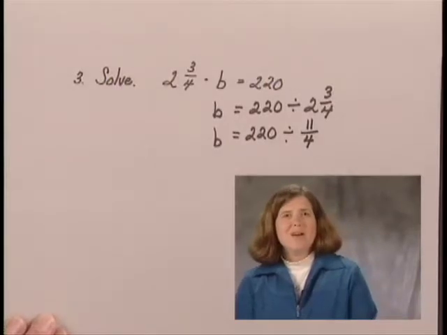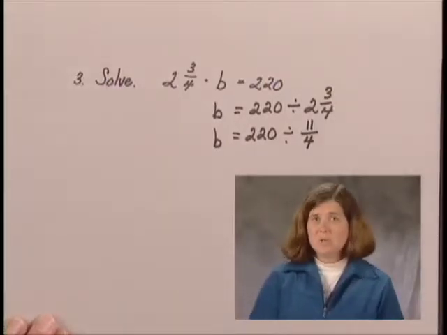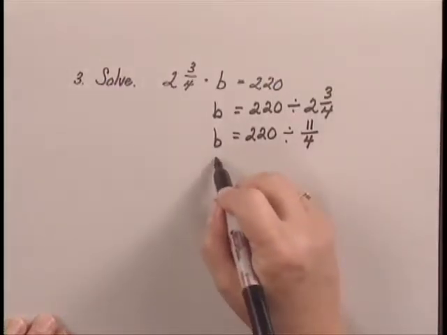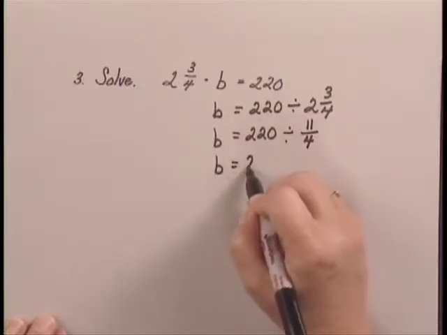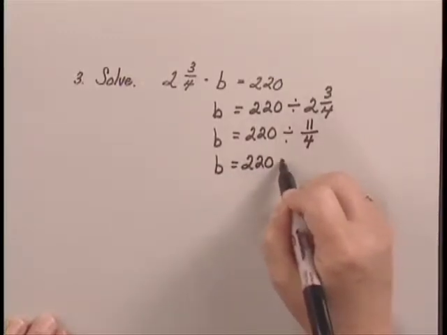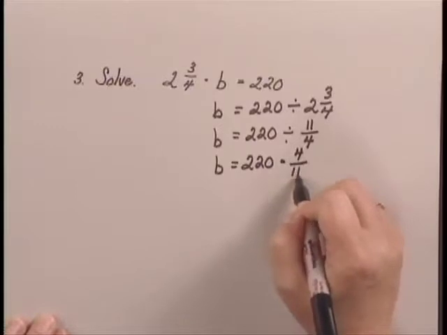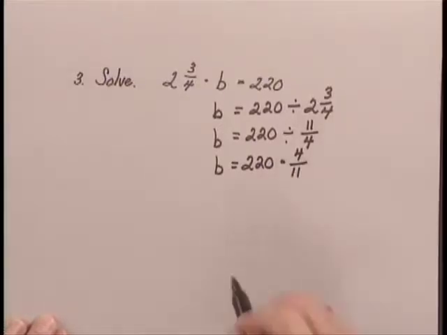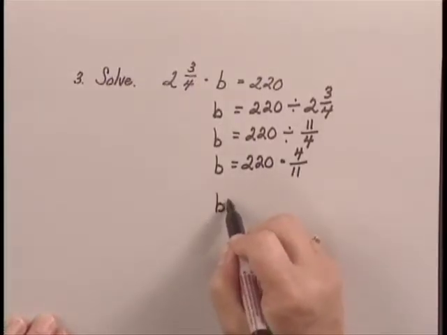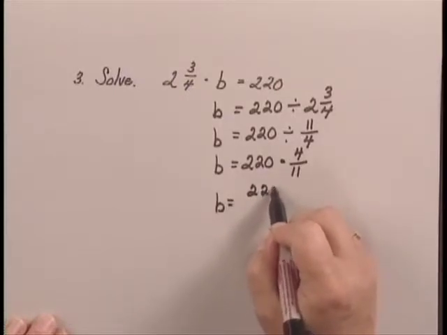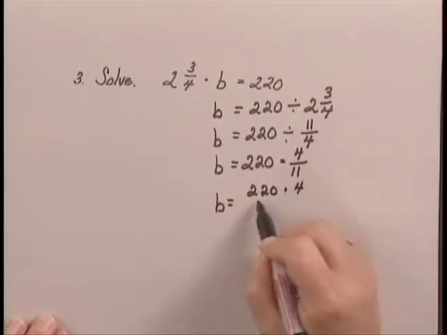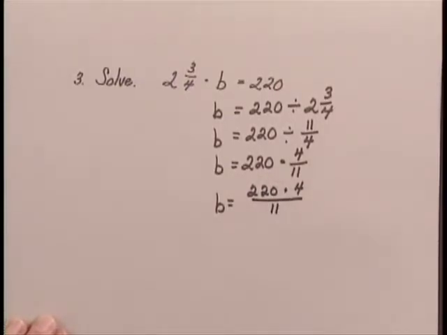Now we're asked to divide by a fraction, which means we want to multiply by the reciprocal of 11/4. So we have B equals 220 times 4/11.